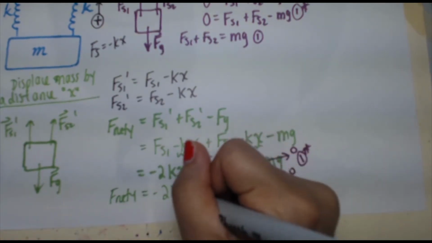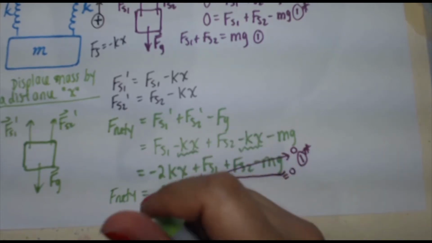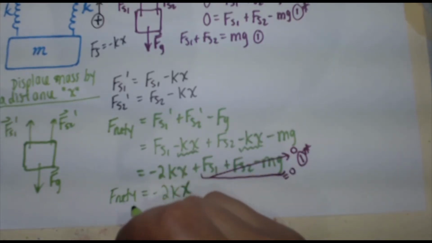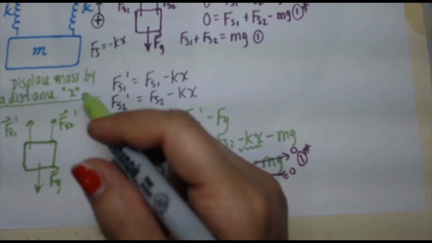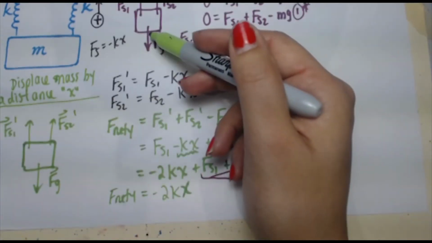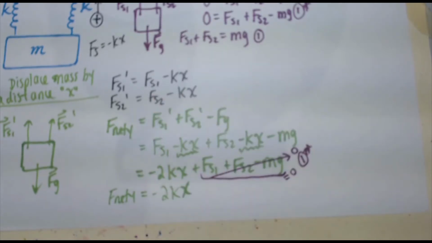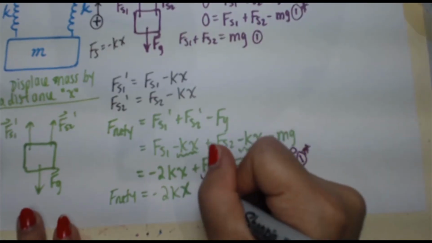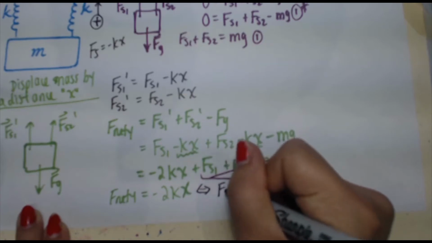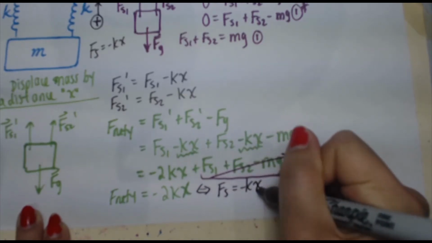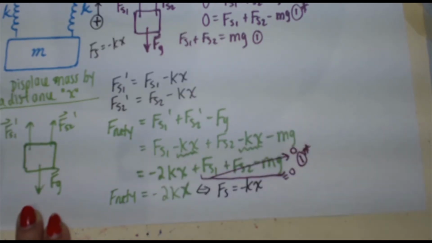Now, how does that help? Okay, what is the net force in the y direction helping us with in this case? Well, the net force, the additional force that we exerted to go from here to here, is that additional spring force, right? So if you take this, you compare it to the spring force, Fs is equal to minus kx. Now, what similarities and what differences do they have?